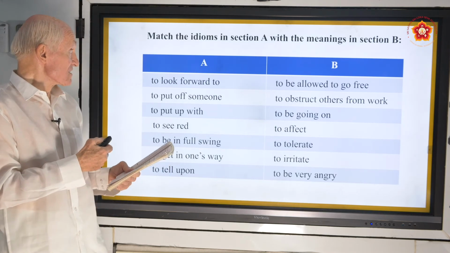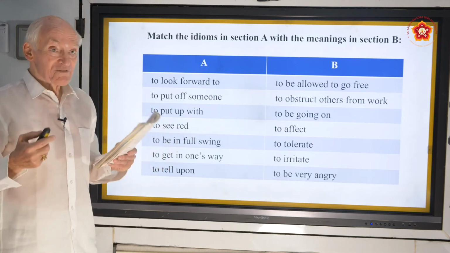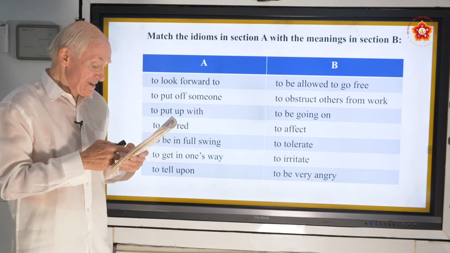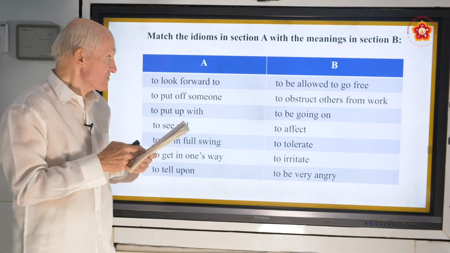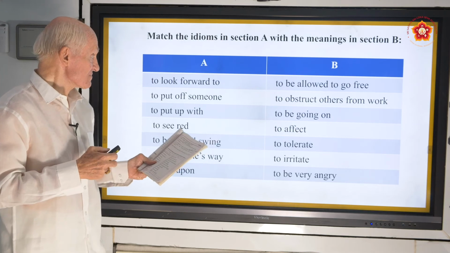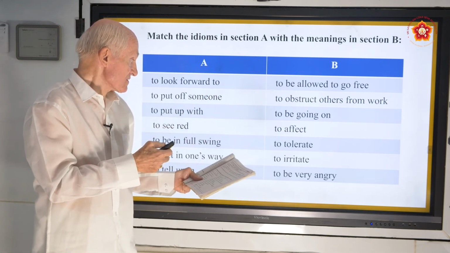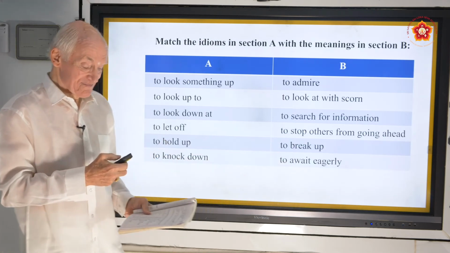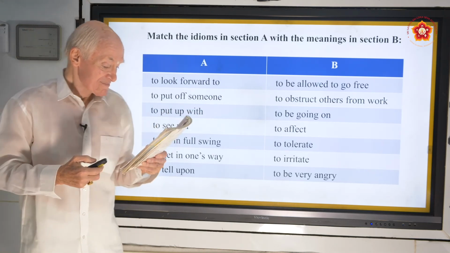Let's go to the rest of the idioms. To look forward to, I'm looking forward to going on vacation. So the correct answer to that would be to await eagerly. Look forward to, to await eagerly.